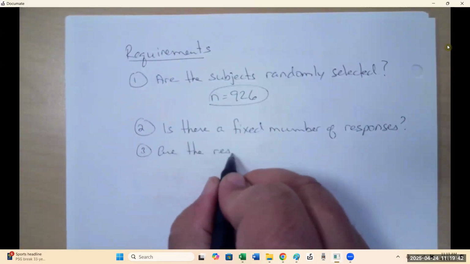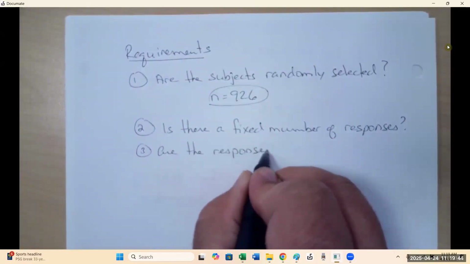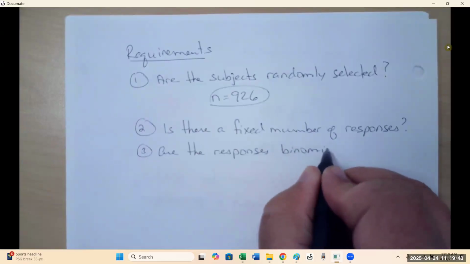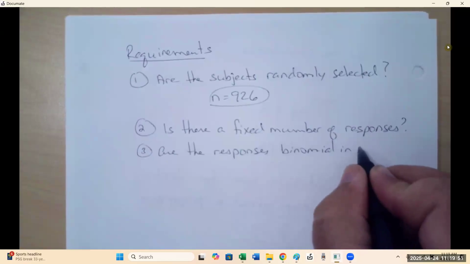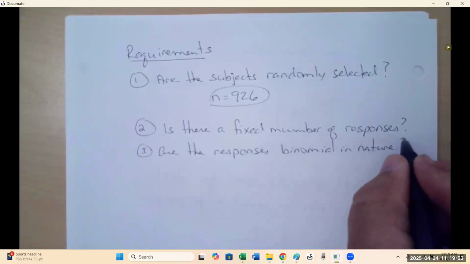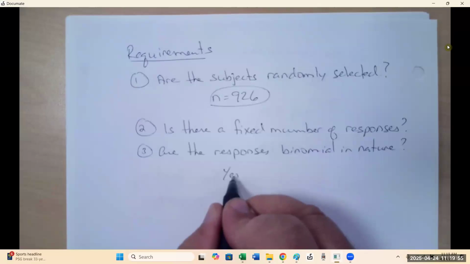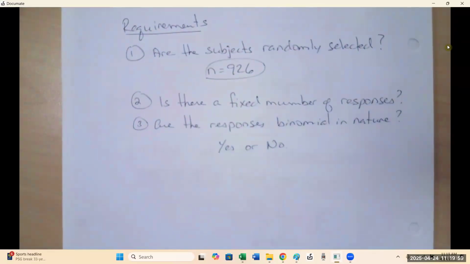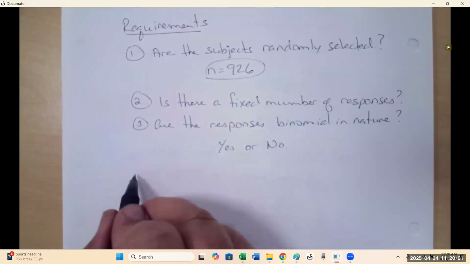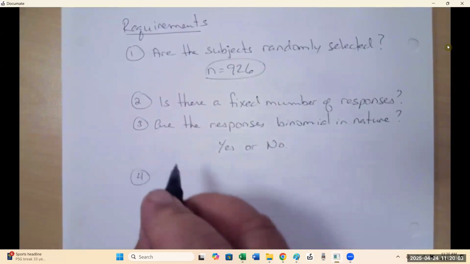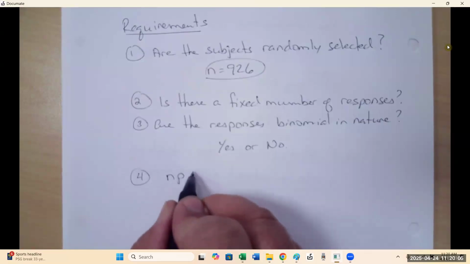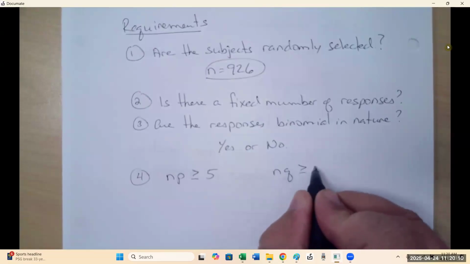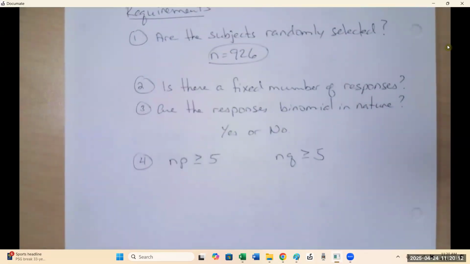Are the responses binomial in nature? Yes, either yes or no. Are those true?